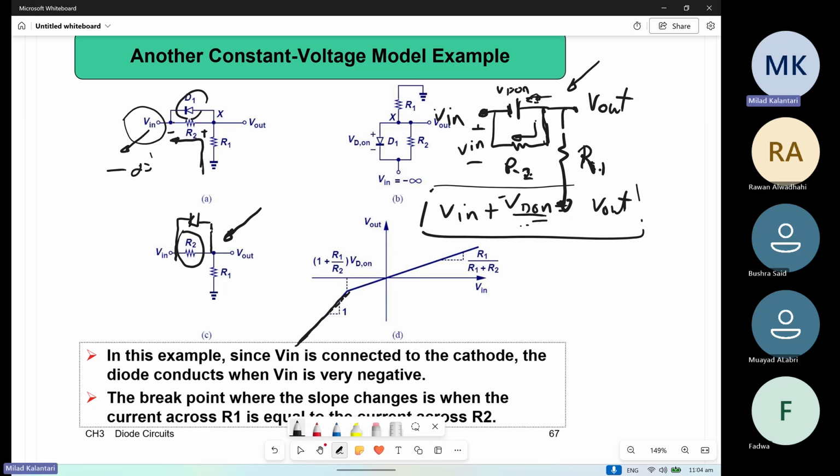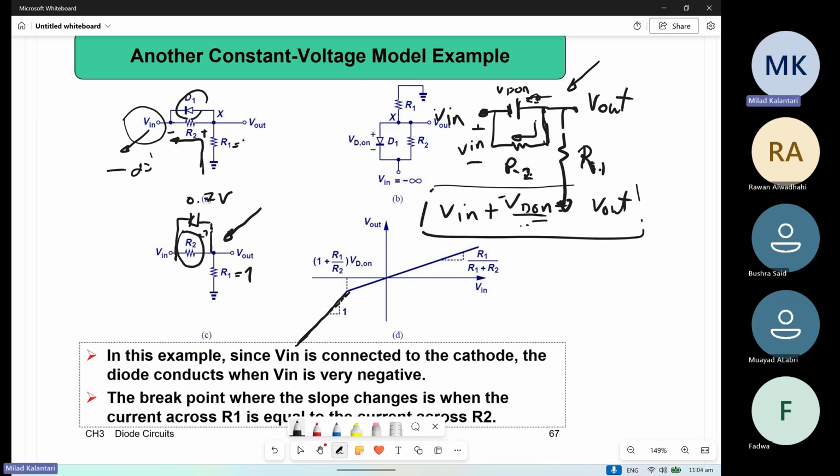Again, we can give an example. What if R1 is 1, R2 is 1, and then VD on is 0.7 volt? What value for Vin can make enough voltage for the diode to turn on? Can you say it?